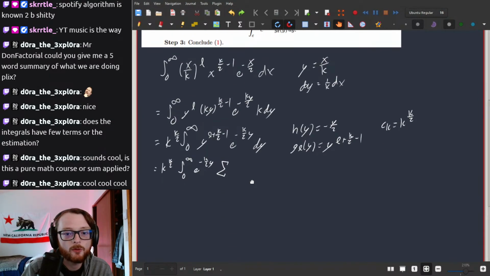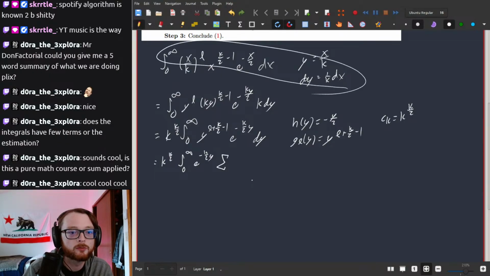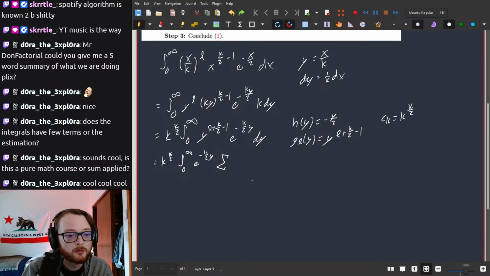So wait, actually, maybe something that's confusing me is I should go back to the original integral and try the change of variables from there, because that does change the upper bound.